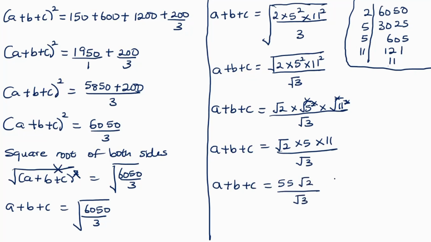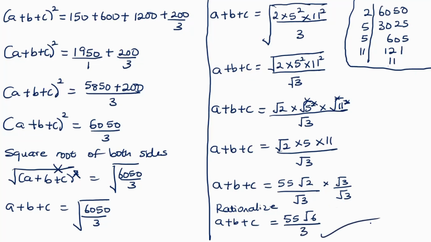Okay, so we can easily rationalize right here and multiply by the denominator, which is root 3. So a plus b plus c is equal to 55 root 2 times root 3 will give us root 6 over root 3 times root 3 is going to give us 3. And guys, this is our answer.